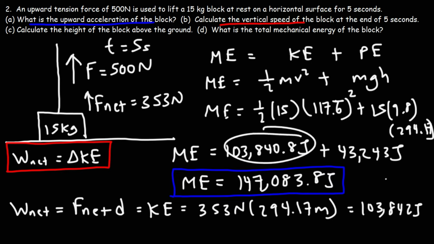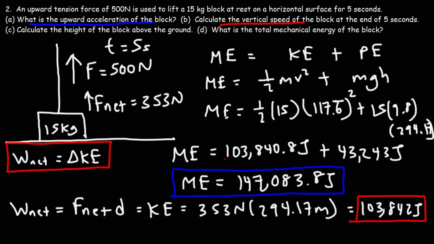Now, the answer might be slightly off because this is a rounded value. If I were to use an exact value, these two answers will match exactly. So what you need to know from this is that the net work done on an object, that is the work done by the net force acting on an object, is equal to the change in the kinetic energy of the object, as we could see here.